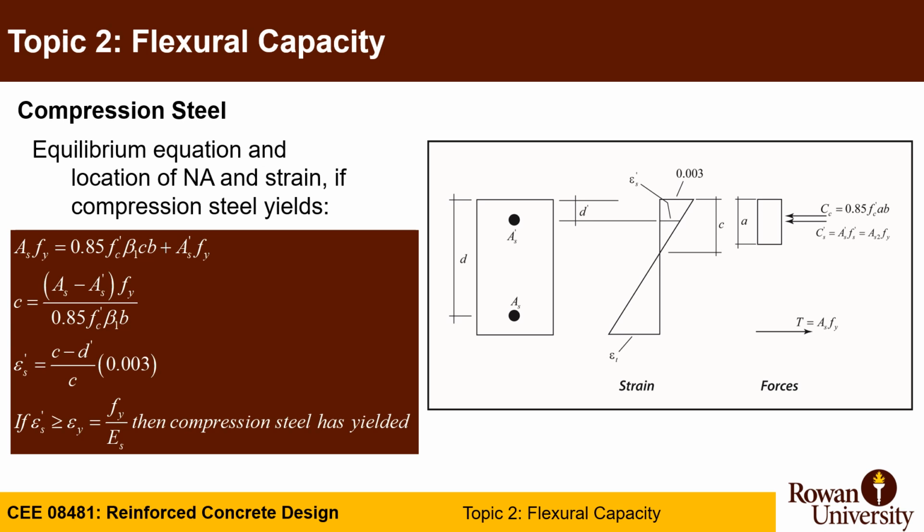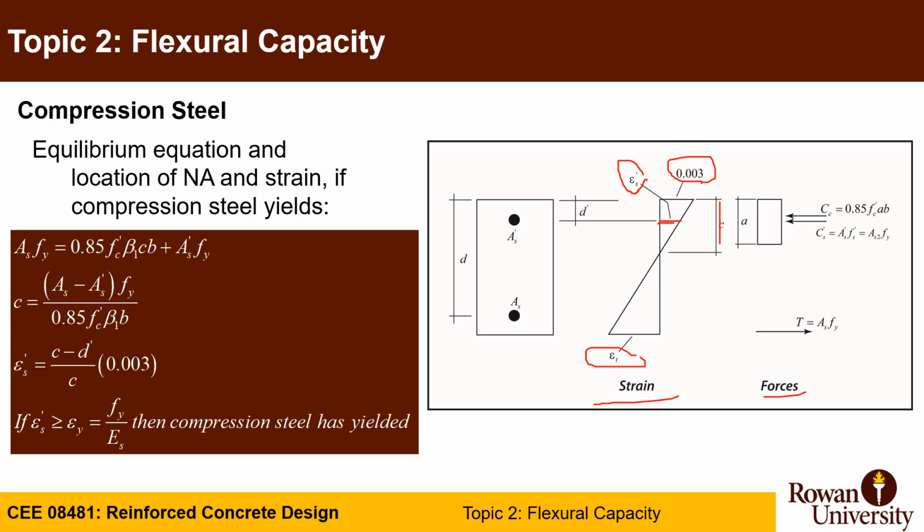Before we go to the example, this is going to be the strain distribution and the force or stress distribution. In this case, the steel strain will be epsilon t. In the concrete there is a crushing strain of 0.003. You have the c value, as we had before, with a linear line. However, we have a coordinate here, epsilon s'.